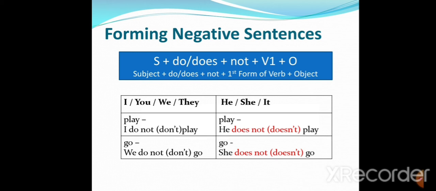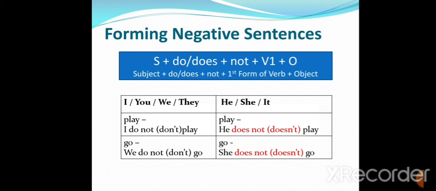So, you can say he, which is your subject, does not, meaning doesn't play. Play is your first form of verb. Can you make out the difference between both? I have highlighted it in red color, so it is easy for you to understand. It is very simple if you pay a little attention.